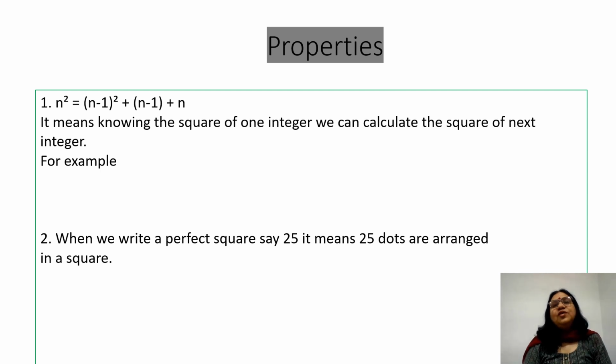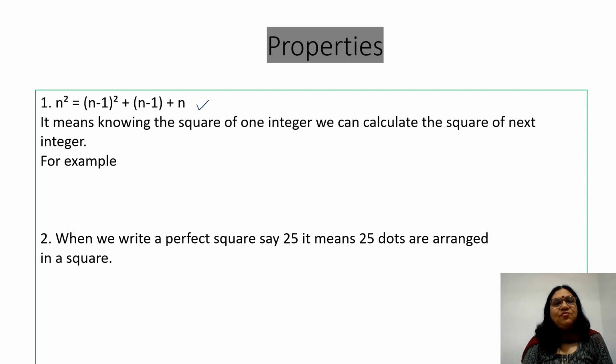Now I have written some of the properties of square numbers. If I know the square of any integer, then using this equation, I can find the square of next integer. So it means knowing the square of one integer, we can calculate the square of next integer.